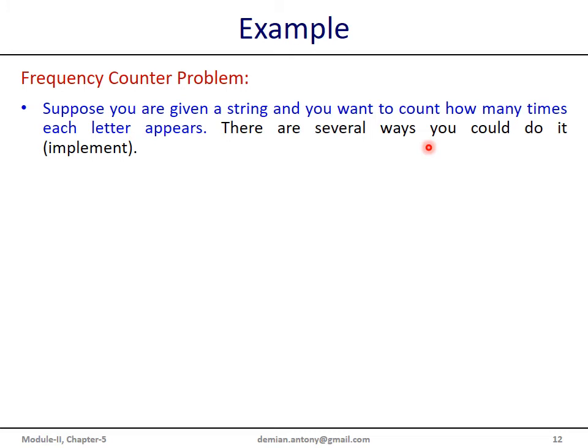And the best data structure for this frequency counter problem is a dictionary, where we don't have to search for the element in a linear way like in a list. We can place the frequency of an element as a dictionary value, wherein the key is the element itself and the value represents the frequency.